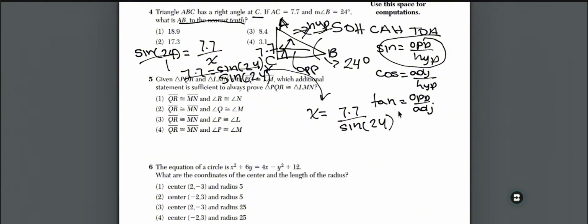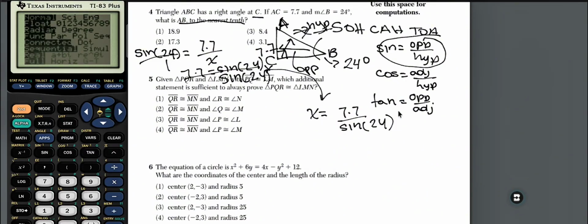When you hit mode, you're going to see normal, float, radian. Please change your radians into degrees, because this is where you're going to get your mistake if you do not. Remember, the measure of angle B is 24 degrees, so you need to change your calculator to degrees.